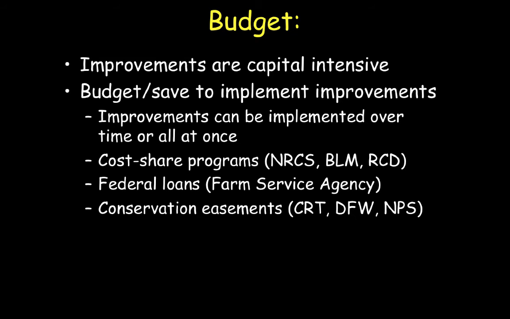It really depends on what type of improvement you are doing. There are cost share programs through NRCS, BLM, and some of the resource conservation districts as well. Farm Service Agency can give federal loans, and then there's also conservation easements where a third party would buy your development rights for a piece of land and give you cash in return.